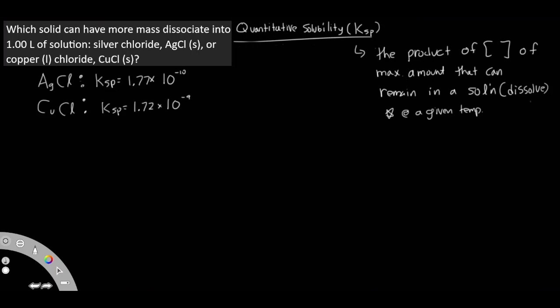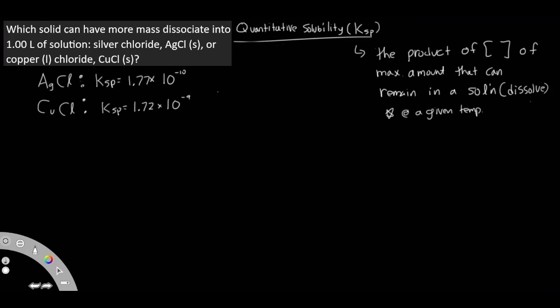Okay, so which solid can have more mass dissociate so that it can have a higher saturated value amount and dissolve and be able to remain in that solution without any excess amount of precipitates forming out?